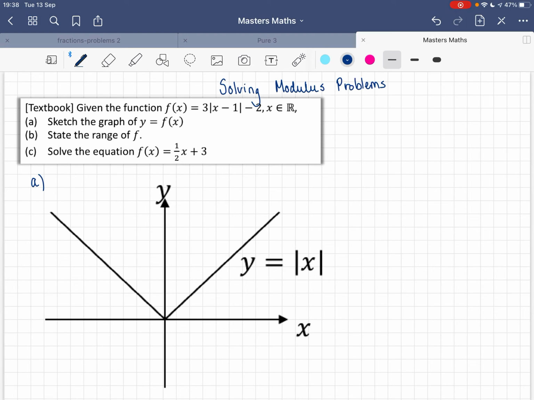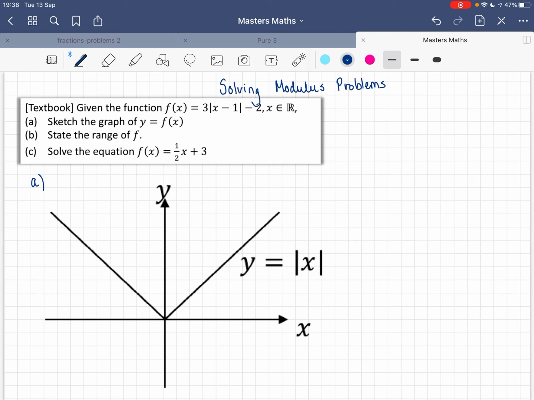So it's bringing together different parts of the chapter that you've already done, because we've already solved modulus equations, which is part C, and we've already sketched some graphs, and we know about domain and range. It's just bringing it all together into something that resembles more of an exam question rather than doing all of the different parts in isolation within the textbook.